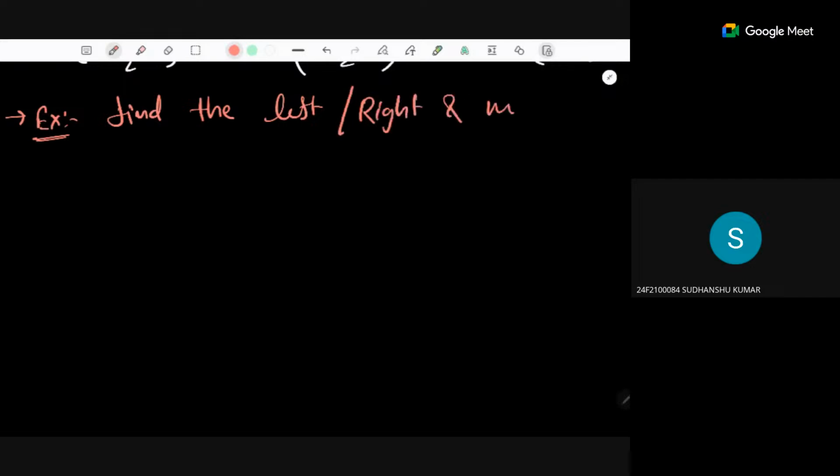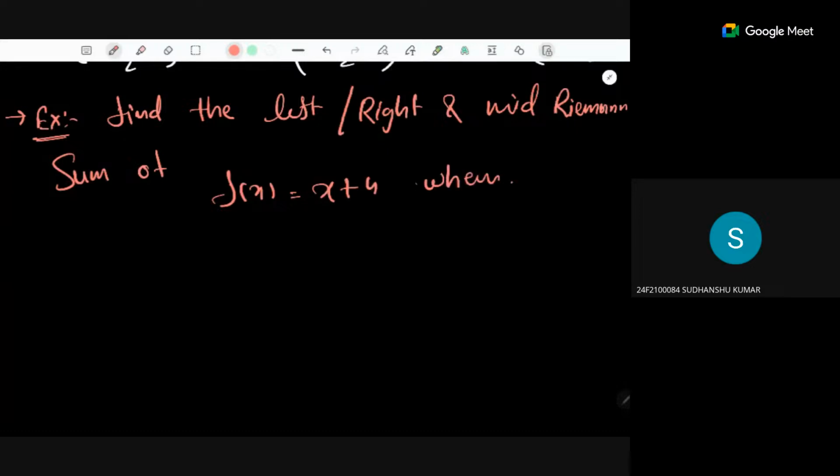Okay, so now let's take one example here. Find the left, right, and mid Riemann sum of the function f of x is equals to, let's take very simple, suppose x plus 4, when the closed interval 1 to 6 is divided into 5 regular parts.